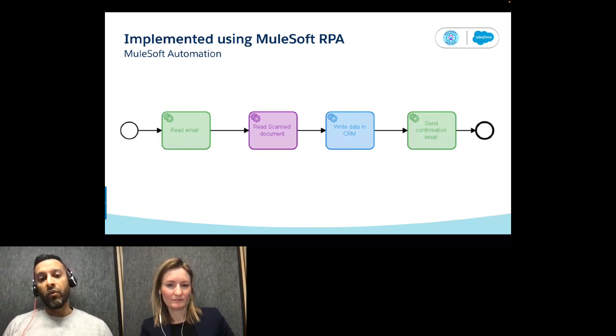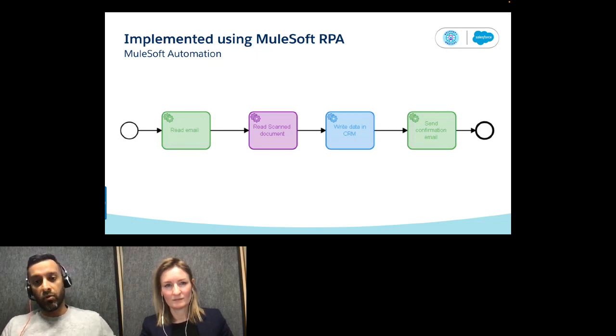Then we read this scanned document, extract the data out of it, open this legacy application, write the CRM related data as well as subscription related data into it and close it again, and then we send a confirmation email. So that's the very first automated process we want to show you in a live demo.